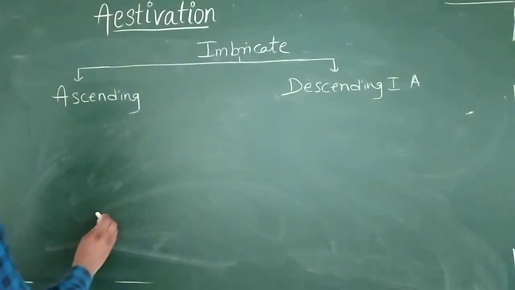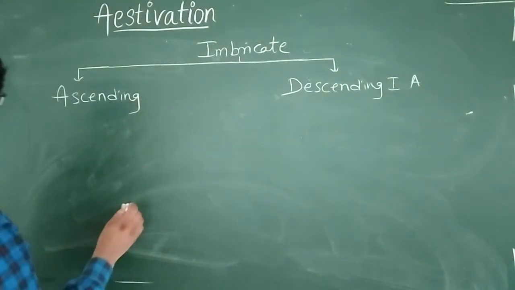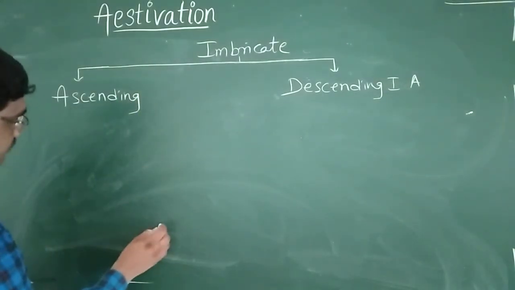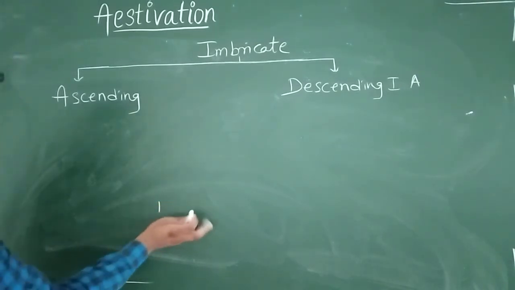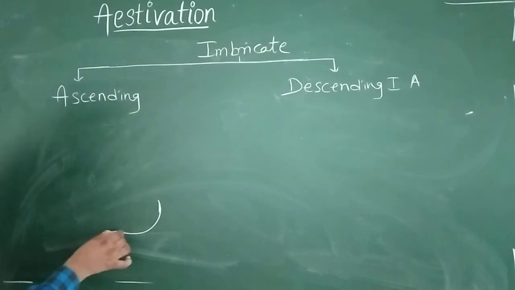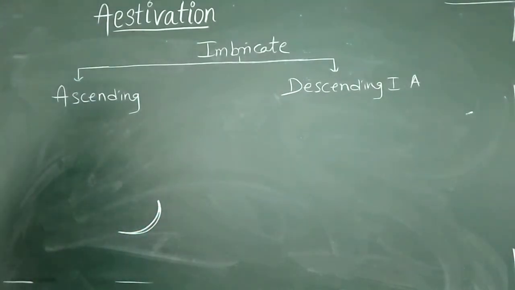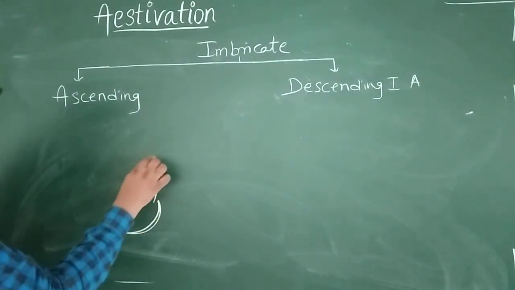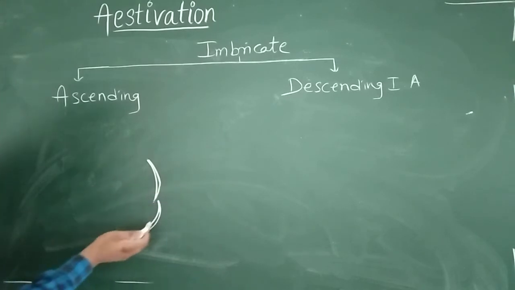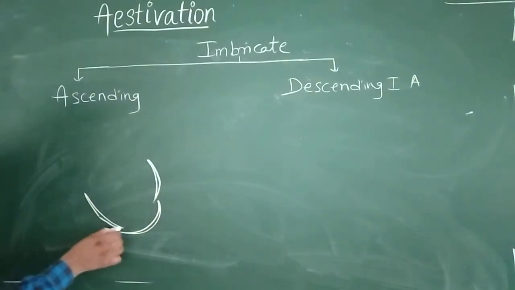See, in this ascending imbricate estivation, this is one petal. This petal is overlapping the next two petals.